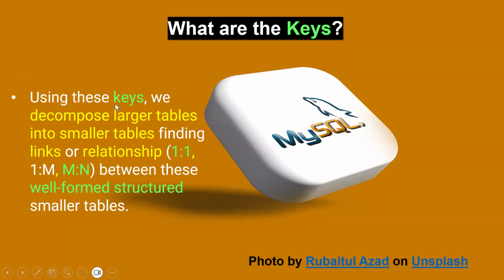And then using these keys, we decompose larger tables into smaller tables by finding links and relationships between them. So you could say, well, the relationship between these two tables, or rows that are matching, is one-to-one. So for every person, there's a social security number, one-to-one relationship. For every person, there's a DMV record that he or she has the license, driving record.